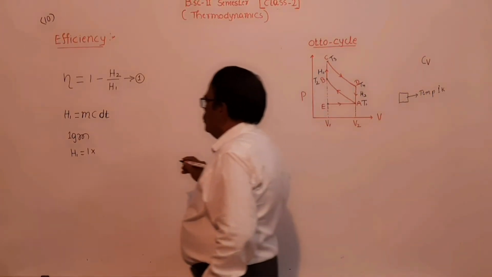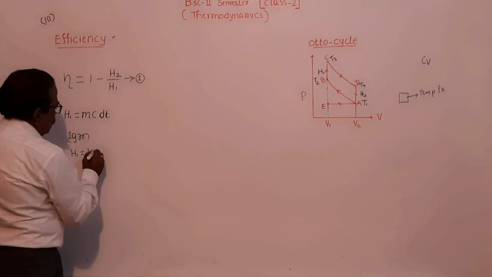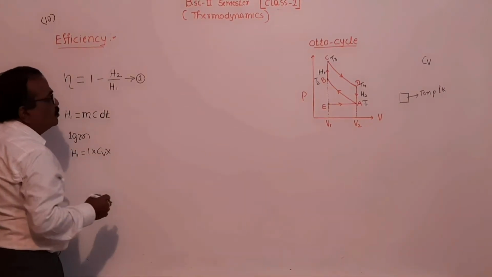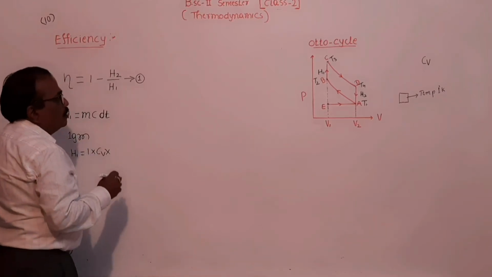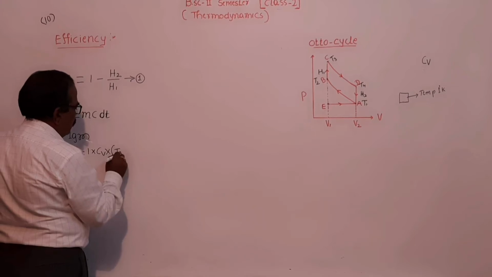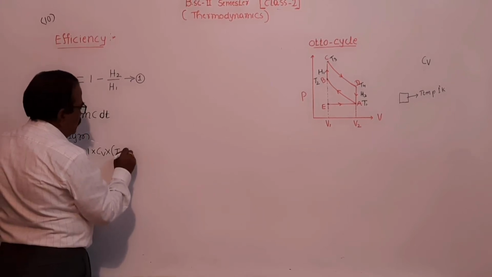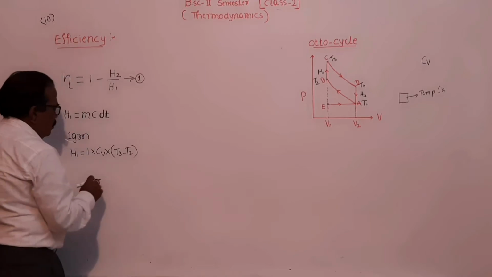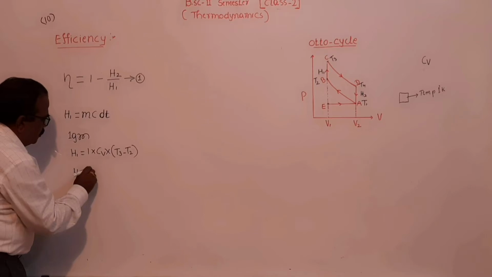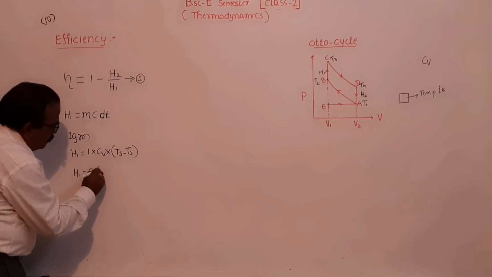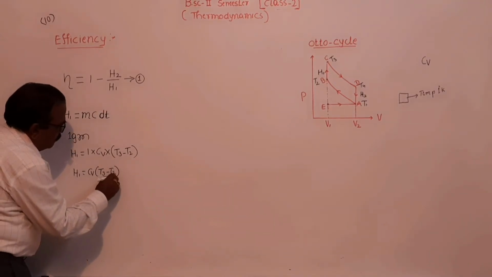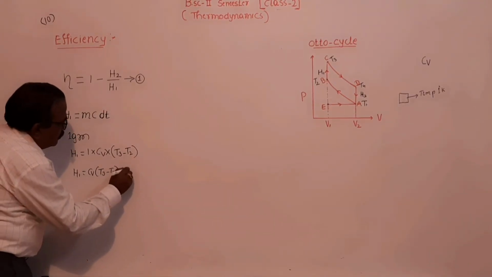So volume is constant. Therefore, I will write this as Cv into the change in temperature, T3 minus T2. So H1 is equal to Cv times T3 minus T2. Call this equation 2.